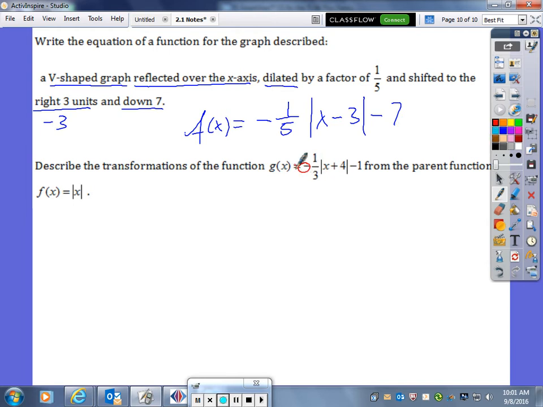Our negative sign again means that this graph is going to be reflected over the x-axis. It will be dilated by a factor of 1/3.